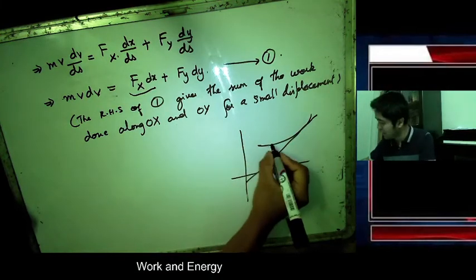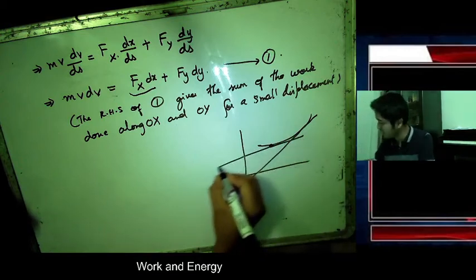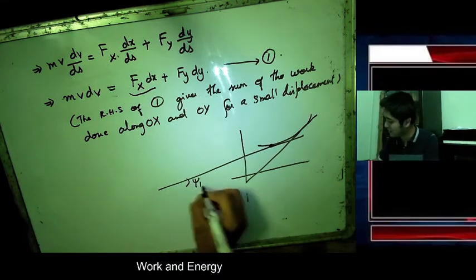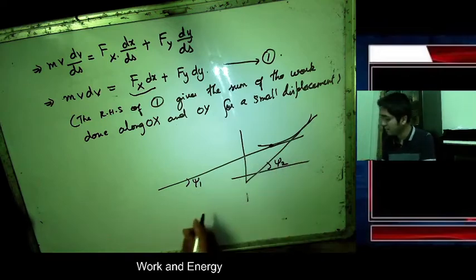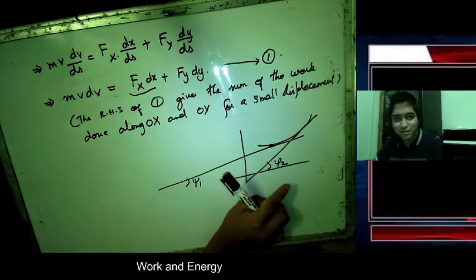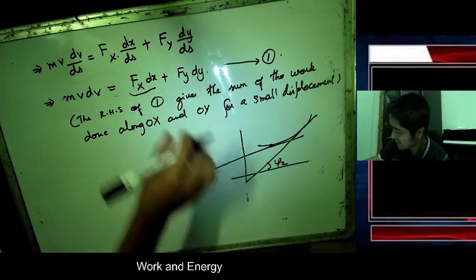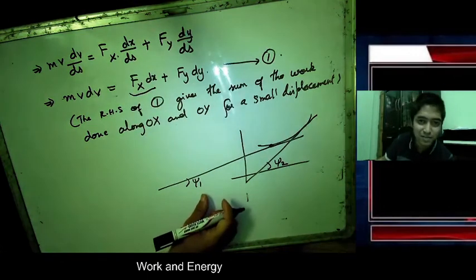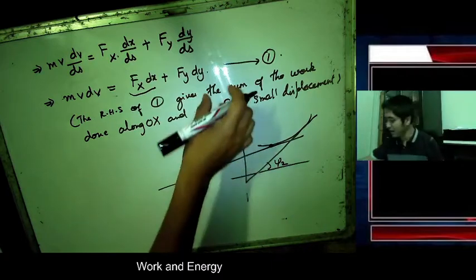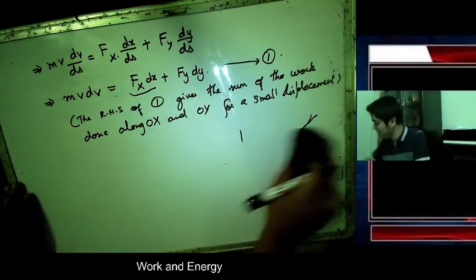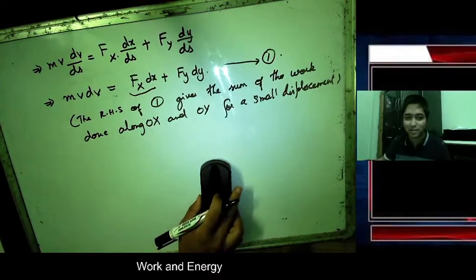So the particle was over here, and over here we will have another tangential angle, psi 1, psi 2. This psi 1 and psi 2 depend on the forces. So we can even say that Fx is related to psi 1, Fy is related to psi 2. So the forces are all depending on psi.